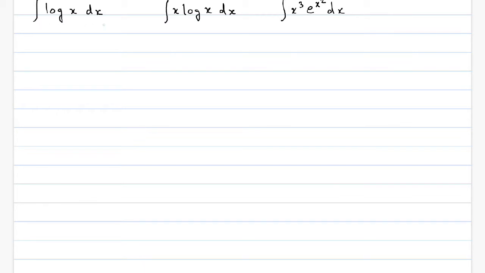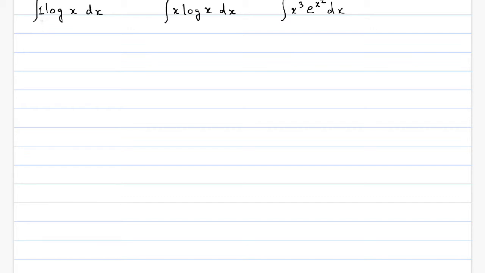Let's say I have log of x. Here you can clearly see we have only one term; we do not have two terms multiplied with each other. So what should we do? We take it that we have two terms, 1 and log of x. This is the only way of finding the integration of log of x.